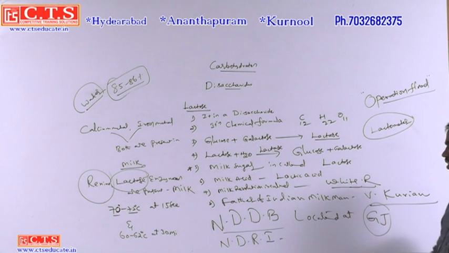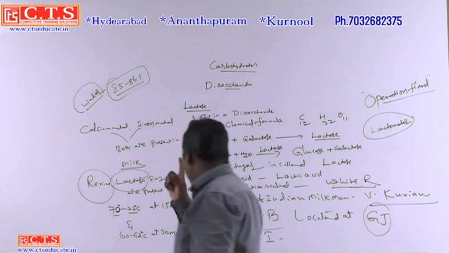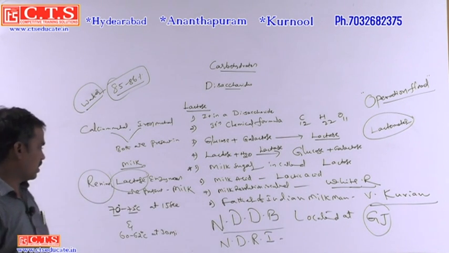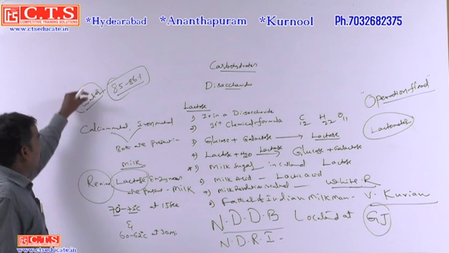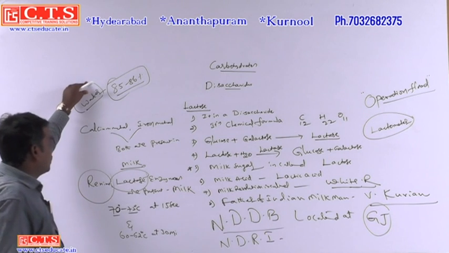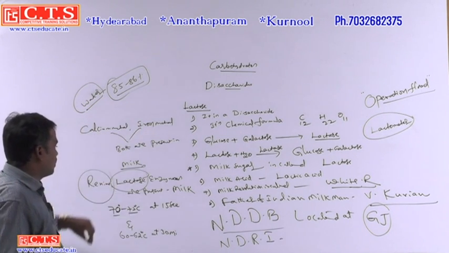Milk revolution is called white revolution. Father of Indian milkman, Varghese Kurian. National Dairy Development Board is located at Gujarat. National Dairy Research Institute located at Karnal, Haryana. Water percentage in milk is 85 to 86%. Calcium metal, iron metal, both metals are present in milk.